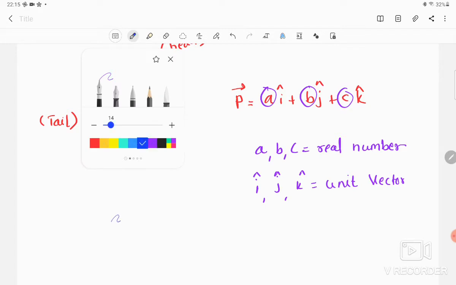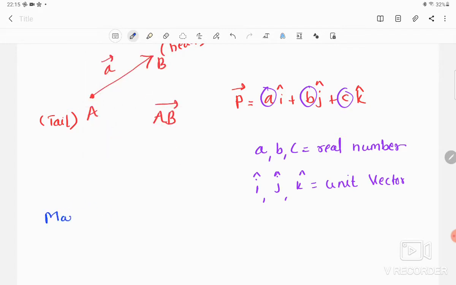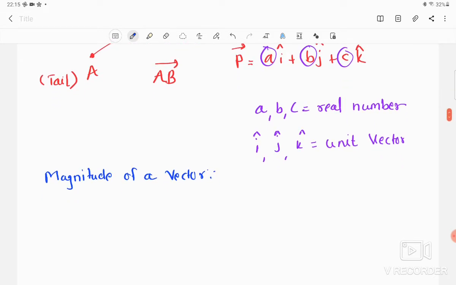Okay, so the new topic is how to calculate the magnitude of a vector. There is a standard formula to find the magnitude. Just take the square of its components, add them, and take the square root.